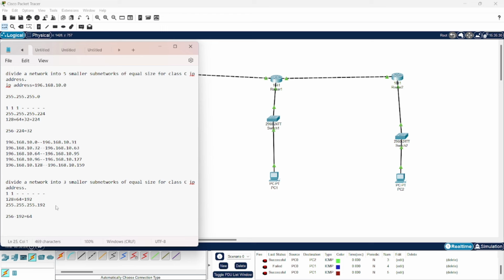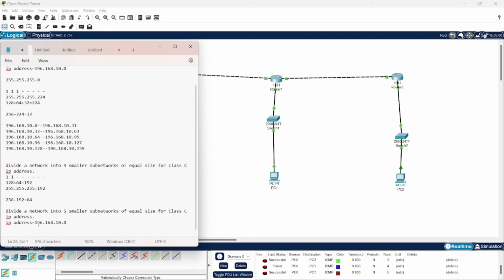And the new division of the IP address, if I want to show you that also, it would be 196.168.10.0, and then I would add 63 to it, which would make it 63. The next subnetwork would start from 64, and then I would add 63 to it again.